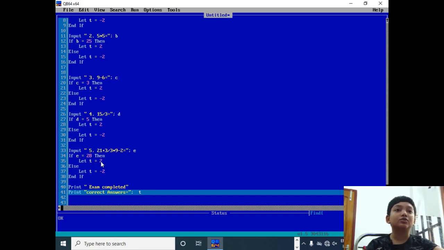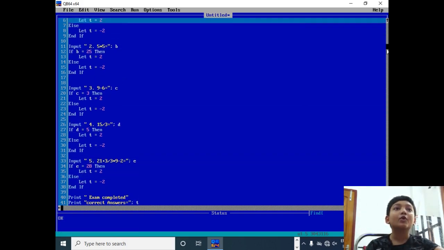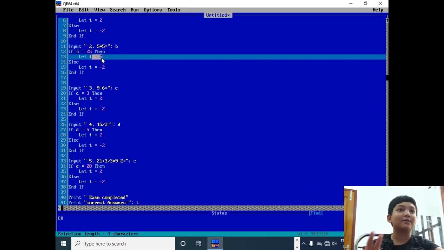Sorry, here let us write something. Okay, not t equals to 2. Every time our answer will be like 2 points I am getting. What will be the correct thing? Correct will be let t equals to 2 and then t plus 2 means t is 0.